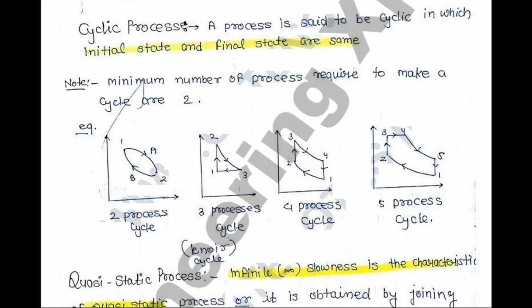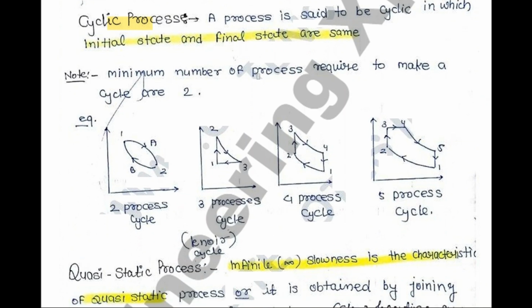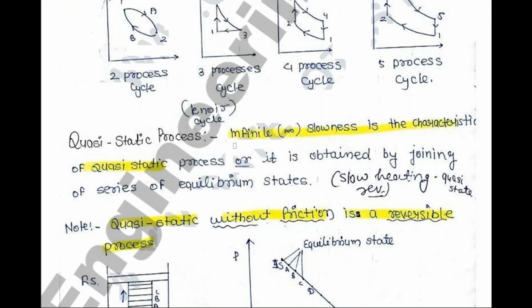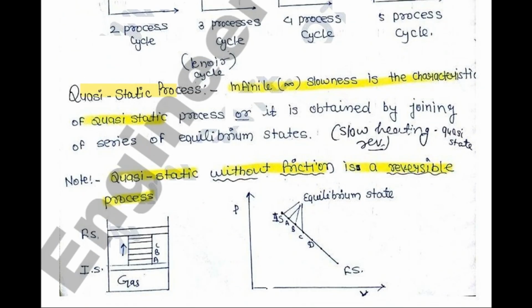Cyclic processes are processes that have the same initial and final state, as mentioned here. Quasi-static processes tend to be reversible because they are very slow, and they maintain a very small temperature difference if temperature is the driving force.